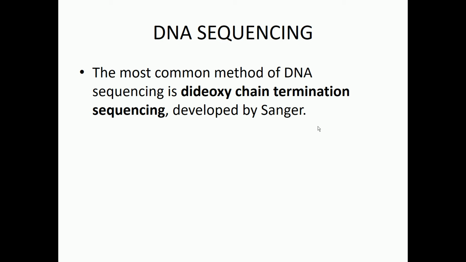Currently we have a lot of modifications of this method by which sequencing has become very efficient and very fast, and full genomes can be sequenced in one or two days. But the basic technique is what I'm going to explain: the dideoxy chain termination sequencing method, developed by Sanger.